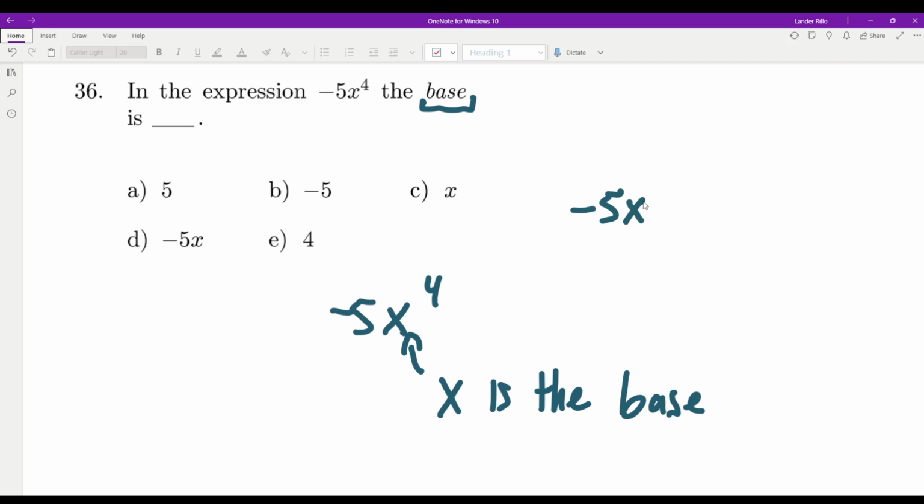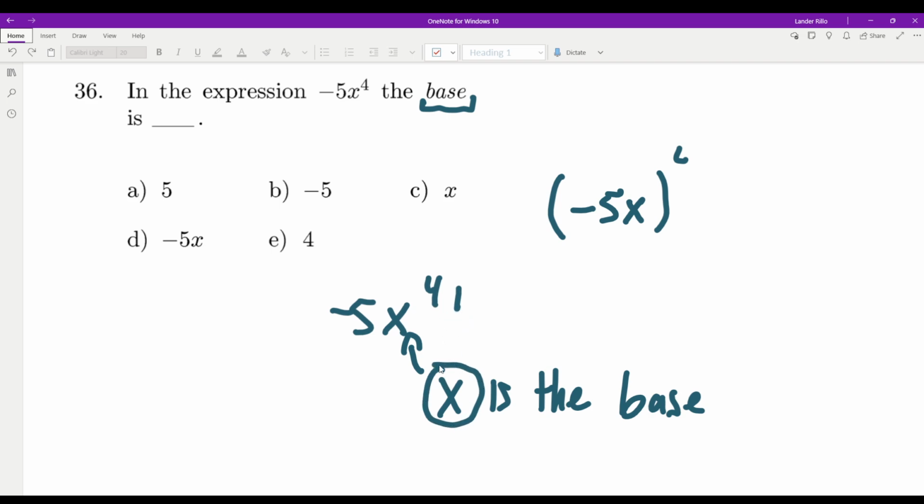Now, there can be a lot of confusion with this question. Some could think that this is the base, but if it is the base, it would be bracketed, to show that this negative 5x is to the power 4 of the whole thing. But we only have negative 5x to the power 4. The base is just what's under it.